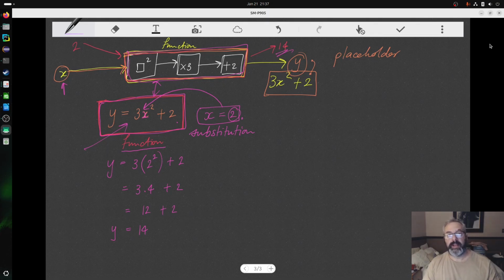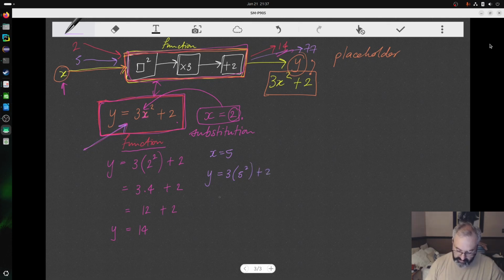Let's say the x takes on a different value. For instance, say x was not 2, x was 5. Can you remember when we had a 5 going into my machine, the output was 77. So we use the same procedure, substitution again, but with this form of the function. So we have y equal to 3 times 5 squared, plus 2.